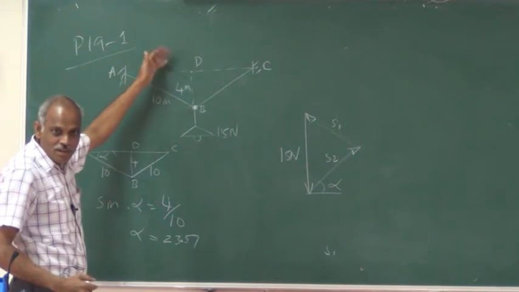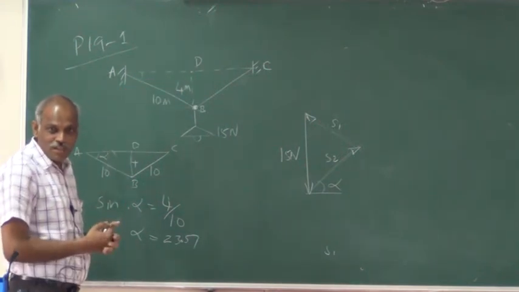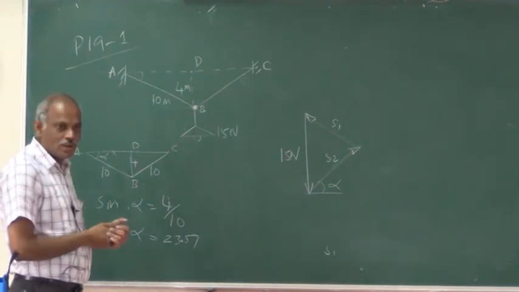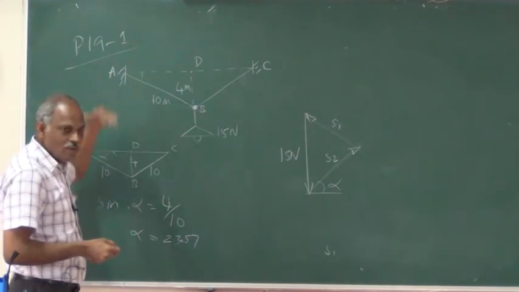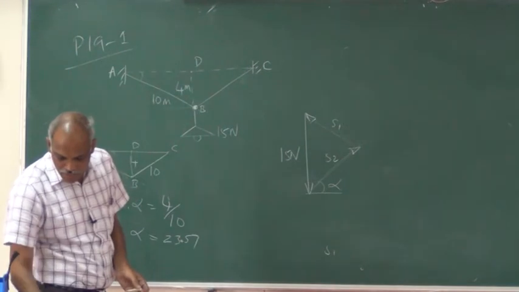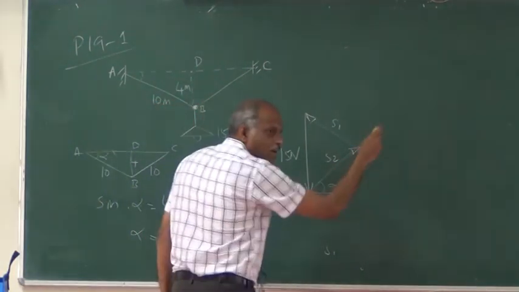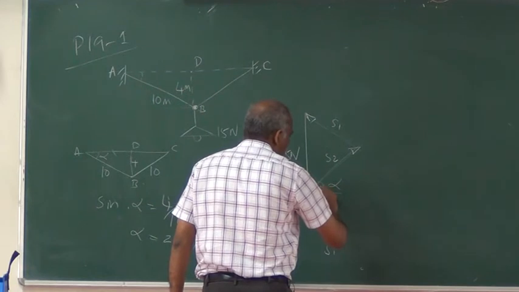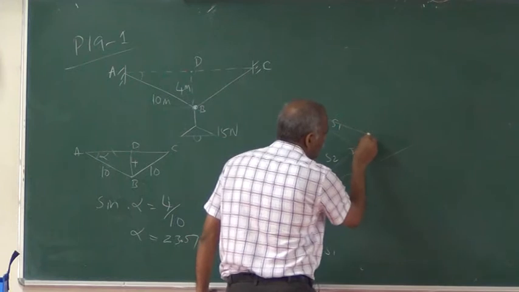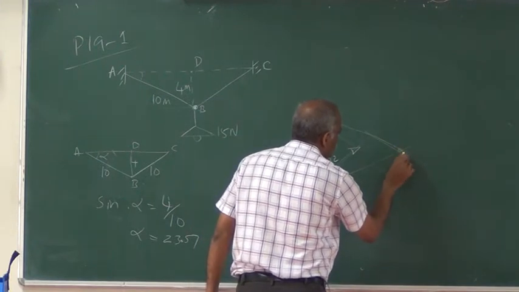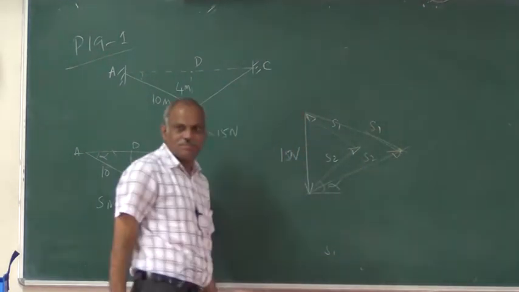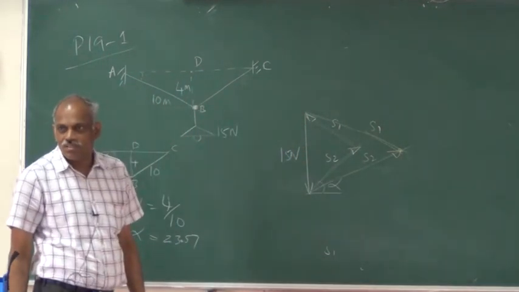Alpha will be less. If we want to reduce the sag in this kind of arrangement, the alpha value will reduce, and this will result in lower alpha. Let us see what happens. Your S2 and S1 will increase.